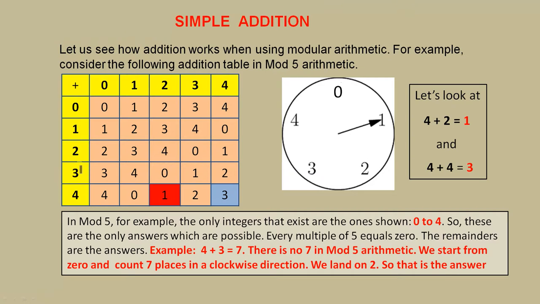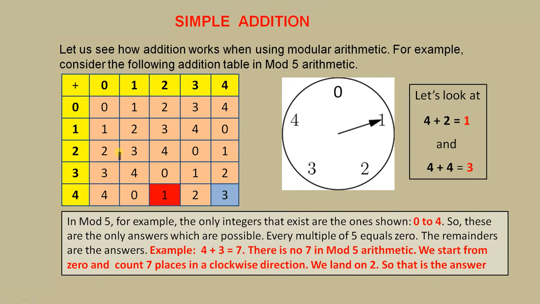So here they are from 0 to 4, and here's the addition sign. 0 plus 0 equals 0, 0 plus 1 equals 1, 0 plus 2 equals 2, 0 plus 3 equals 3, 0 plus 4 equals 4, and so on. Now when we come to here, this is interesting. 1 plus 4 equals 0. Just remember that for a moment, and I'll explain why that's the case.